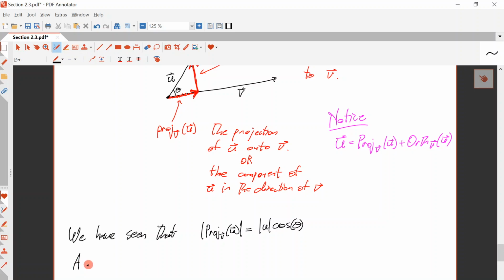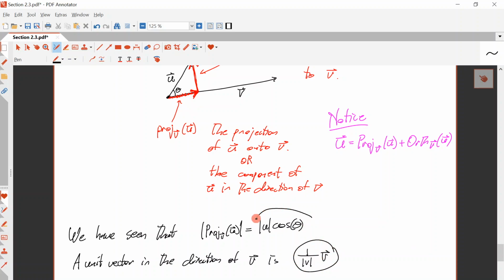And a unit vector in the direction of v is 1 over the length of v times v. All right, so 1 over the length of v times v is a unit vector in that direction, the direction of v. So the projection is this directional vector times that length, just the product of the two.